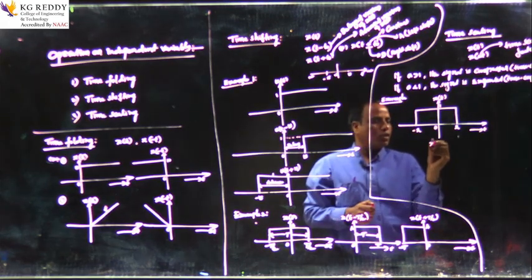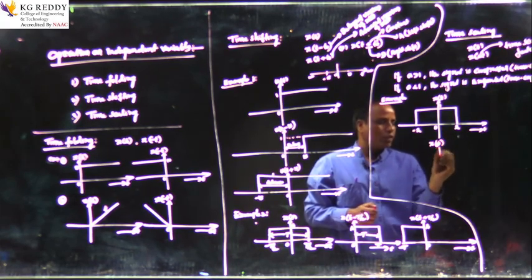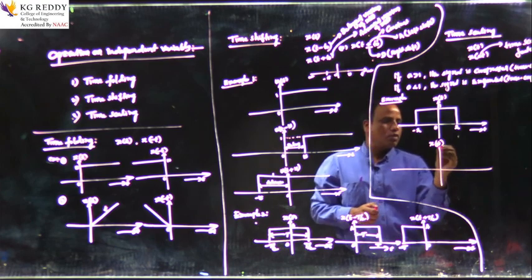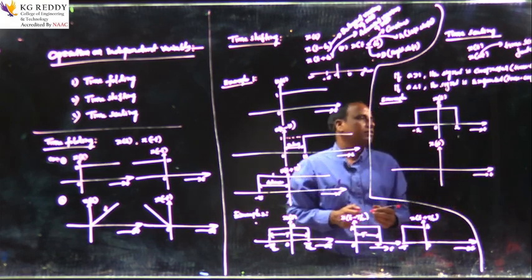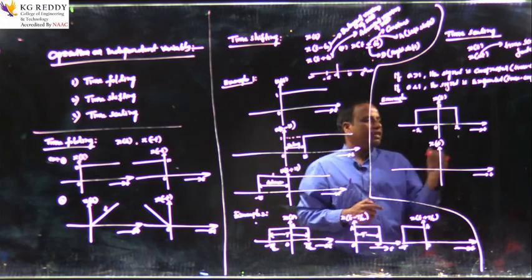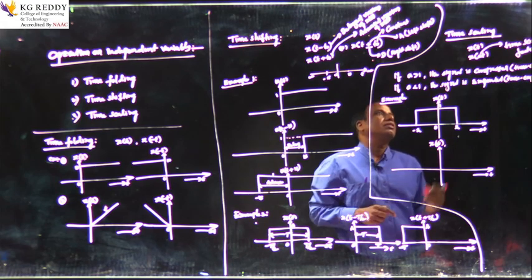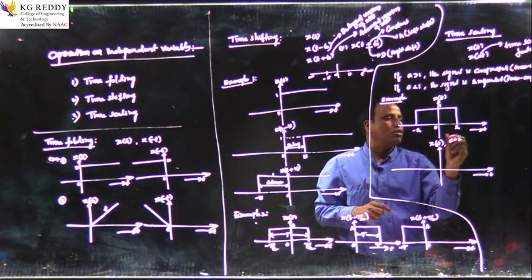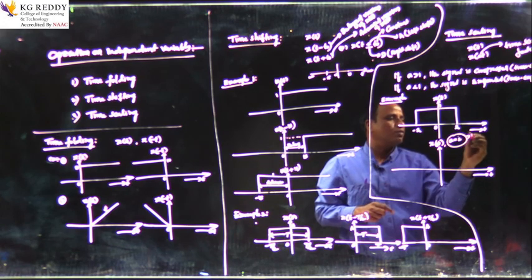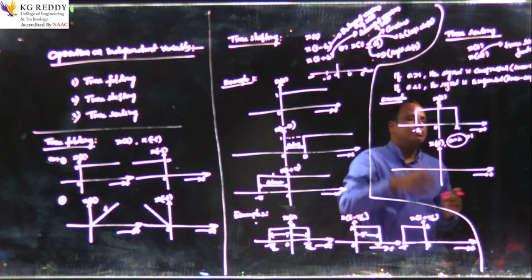Now if I want to sketch x of 2t, how do I sketch it? When I say x of 2t, if we compare this 2t with x of at, the time scaling factor a is equal to 2, which is greater than 1. If it is greater than 1, the signal will be time compressed.